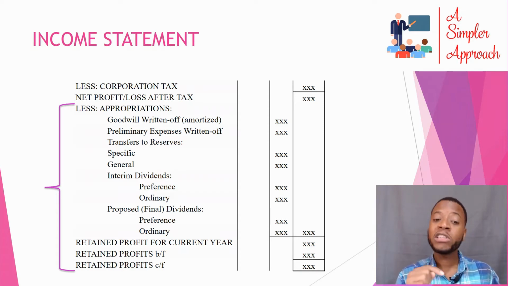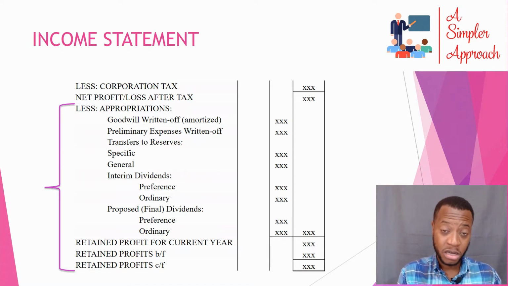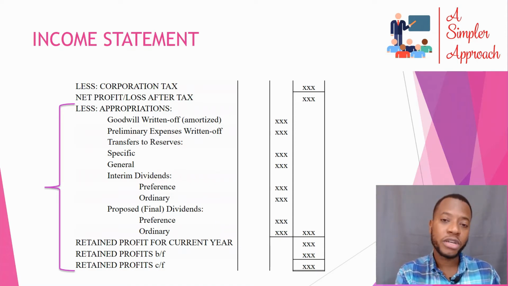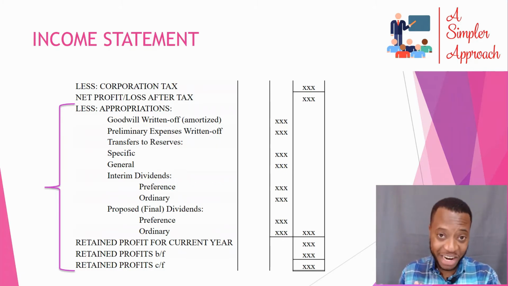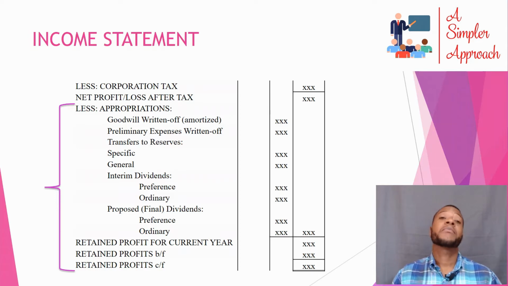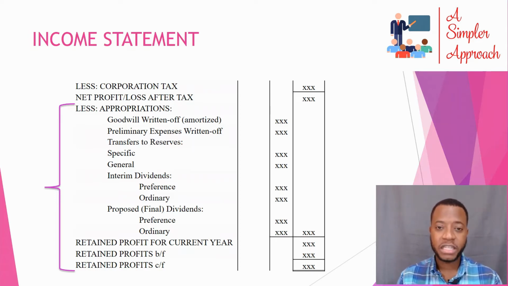Okay? To that, you will add the retained profits brought forward. Retained profits brought forward is retained profit from last year. So you would add the profits from this year and the profits from last year, which would give you retained profits carried forward, which would be the amount that would carry forward to next year. Okay? That's the appropriation account. The basic concept of it, that is.